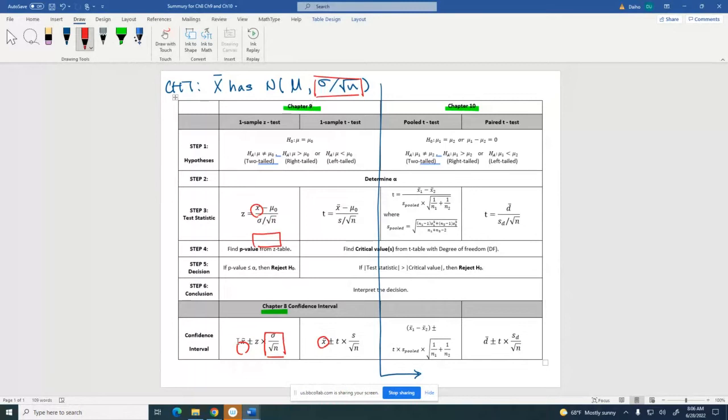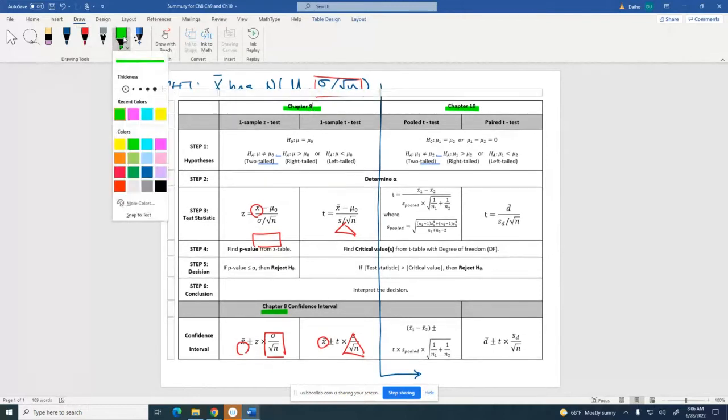But that is the denominator. But when we didn't assume we knew the sigma, then instead of the sigma, we have to use the S, which was the sample standard deviation, and it was here. And definitely, we have to take the t-score.